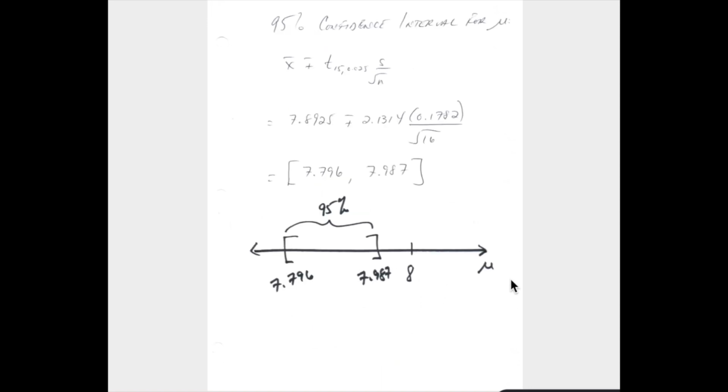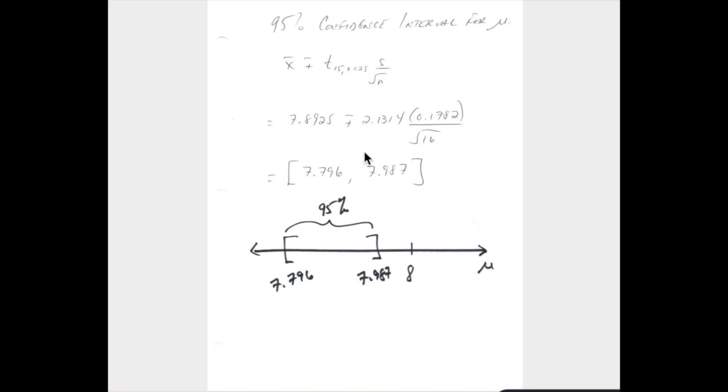Now, we want a two-sided confidence interval because we're looking not only for underfilling on average, but also overfilling on average. And so if we were to use that third formula on the summary slide for the confidence limit, x bar plus or minus our t-value times s over the square root of the sample size, and using this for a 95% confidence interval for mu, the interval coefficient would be the upper 2.5 percentage point of the t-distribution with 15 degrees of freedom, and we found that t-value to be 2.1314.